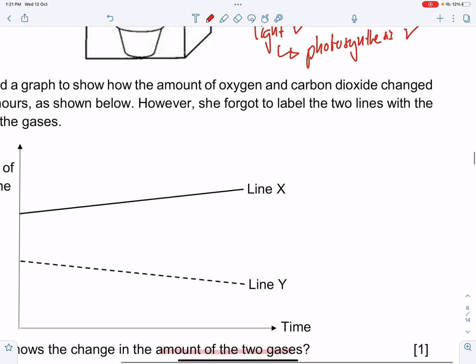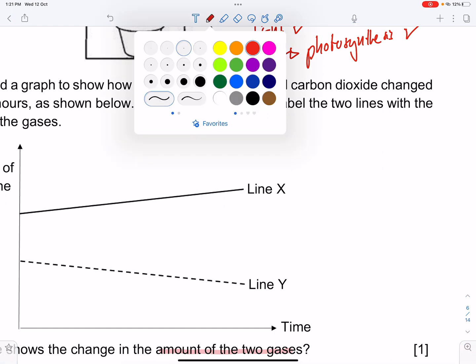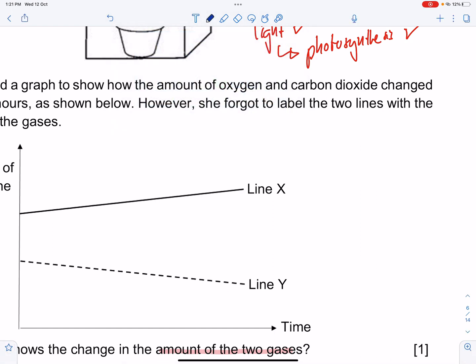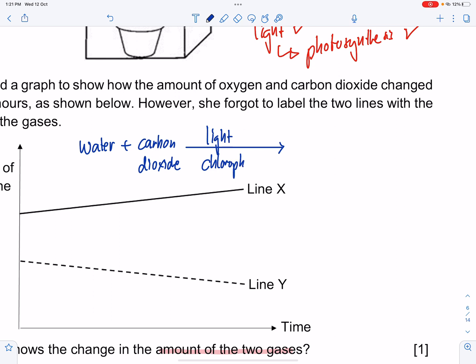Now I'm just going to quickly write down the word equation for photosynthesis, just in case you forgot. Okay? So please write it down because practice makes habitual. Okay? So water plus carbon dioxide, in the presence of light energy and your chlorophyll found in your chloroplast, will give you glucose together with oxygen.